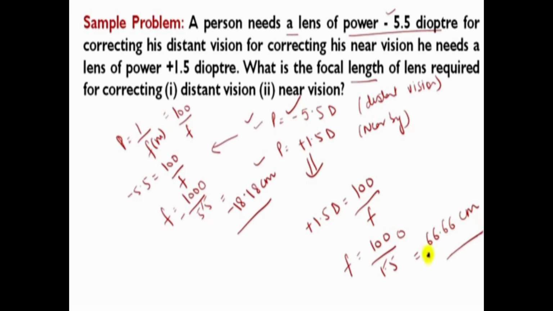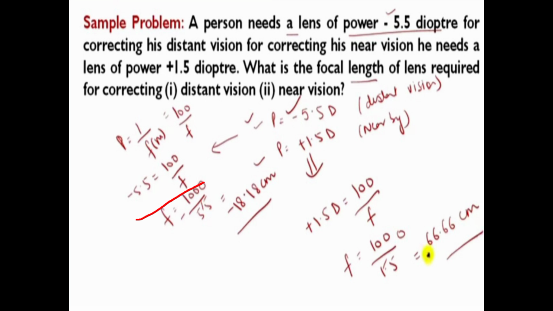Now see, here we are given the power, and we have to find out the focal length. Power for distant vision is minus 5.5 diopter and for near vision is plus 1.5 diopter. So let's calculate first the focal length for distant vision. As we know, power is equal to 1 upon focal length in meters. So for distant vision, minus 5.5 diopter equals 100 upon f. We have to find f.